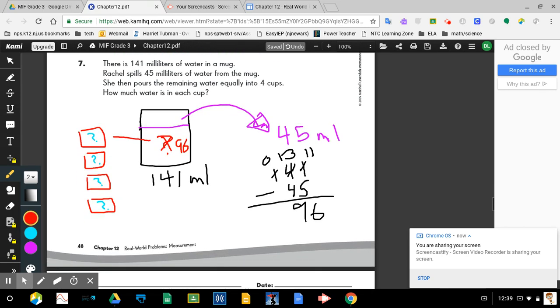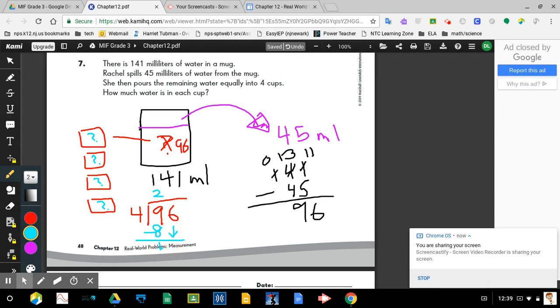Then I'm going to pour the 96 milliliters of water into 4 equal cups. If I'm splitting up or breaking things into groups, I am dividing, or 96 divided by 4. So 4 can go into 9 2 times. Leaves me with 8. 9 minus 8 is 1.